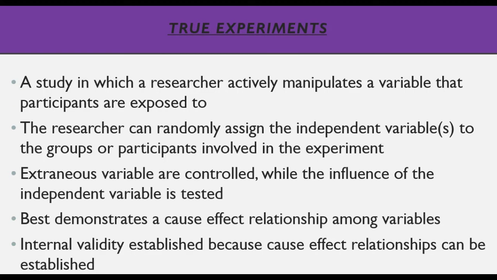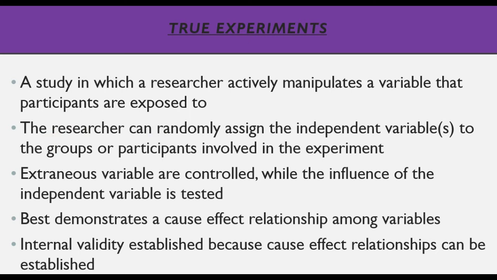Now, we have true experiment, a study in which a researcher actively manipulates a variable that participants are exposed to. Okay? So the researcher can randomly assign the independent variable to the groups of participants involved in the experiment. Okay? In true experiment, papasok dito yung random assignment ng independent variable natin.